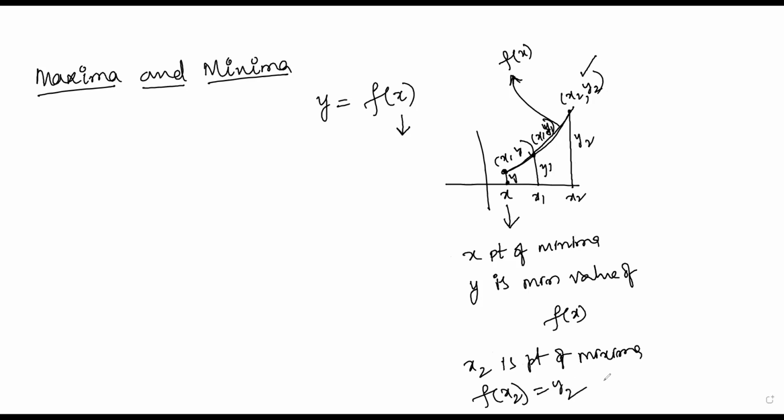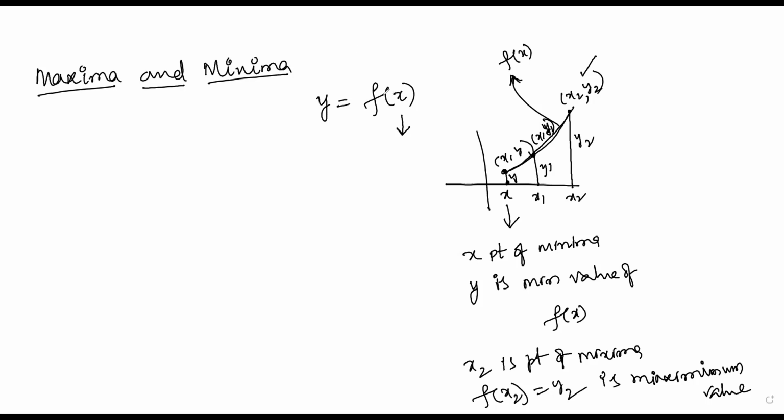This is the maximum value. F of x2 is its maximum value. As simple as that.